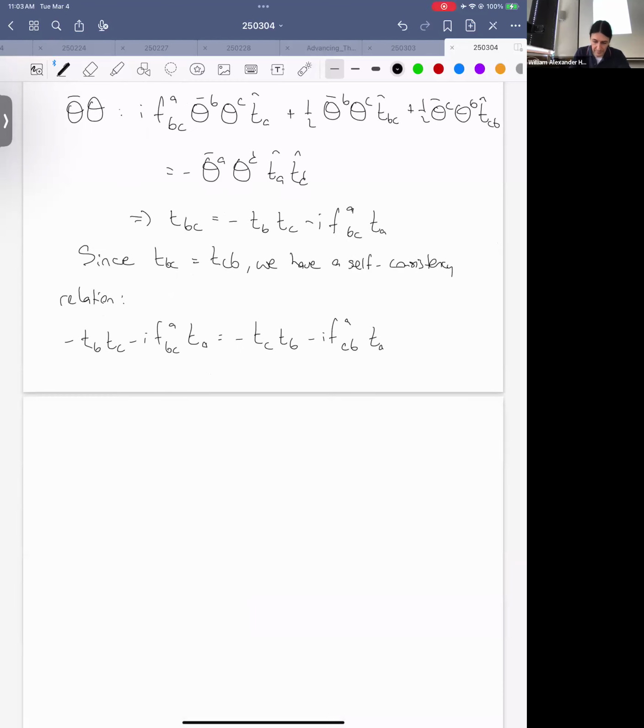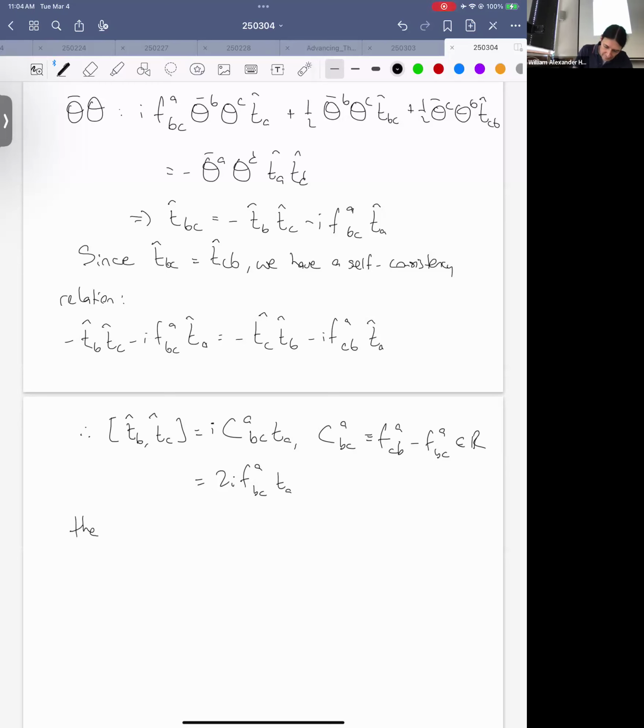And this should look nice and familiar. Because if I compare this term and this term, that looks like a commutator. And so therefore I have that the commutator of TB with TC, where all of these should have hats, is equal to i CABC TA, where the CABC we define as FACB minus FABC, some real number, 2i FABC TA.